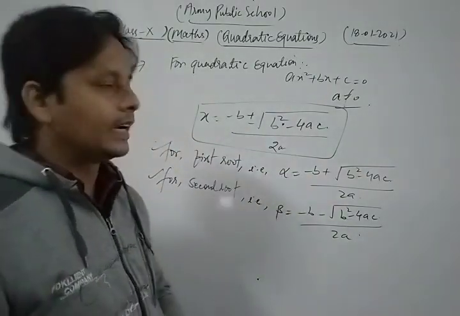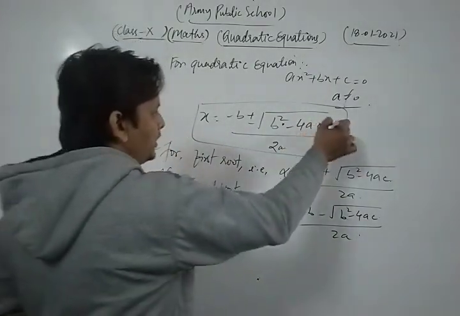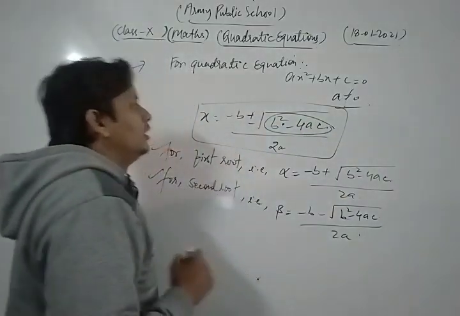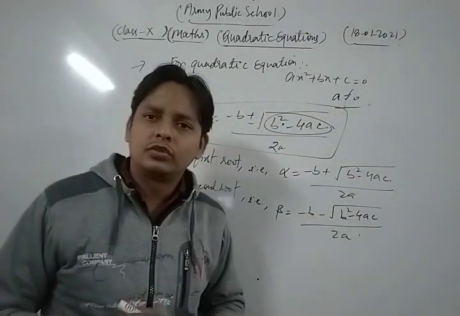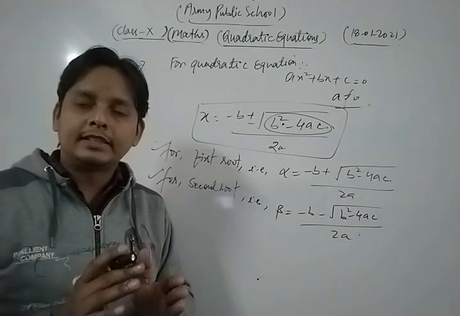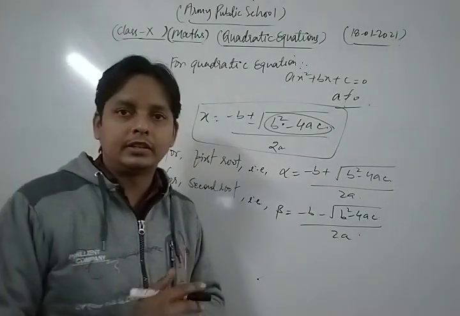One important thing in this formula is the value b square minus 4ac. The value b square minus 4ac is known as the discriminant. You know that very well, dear students.